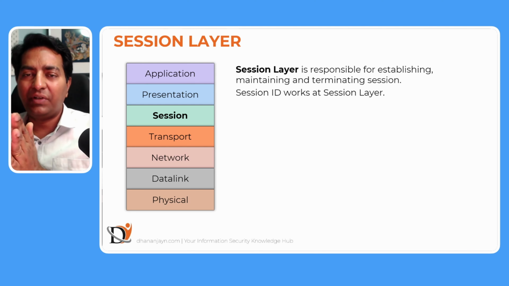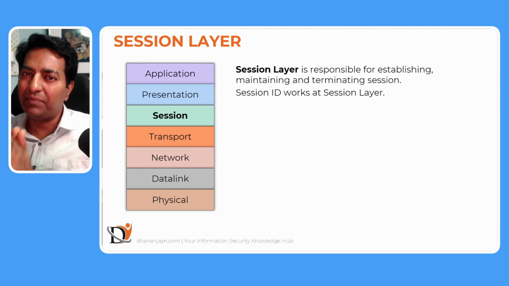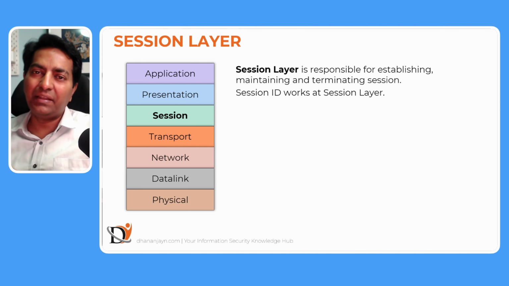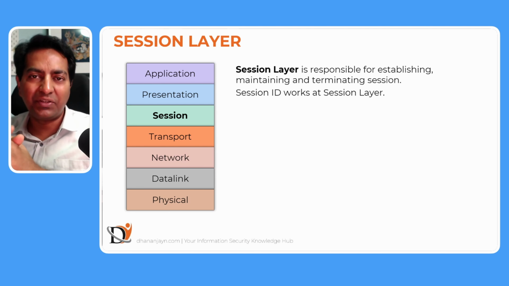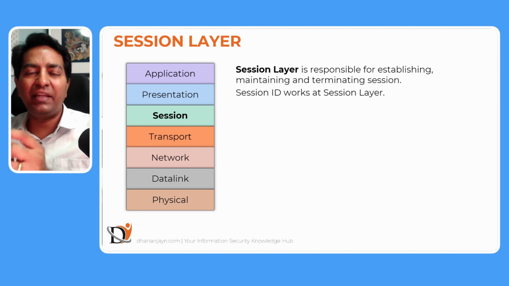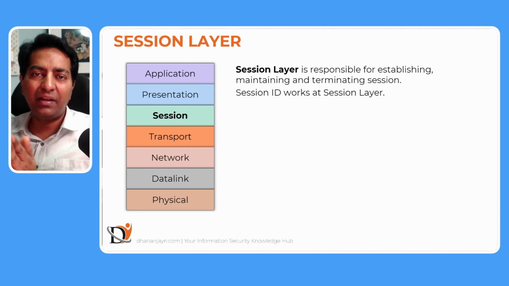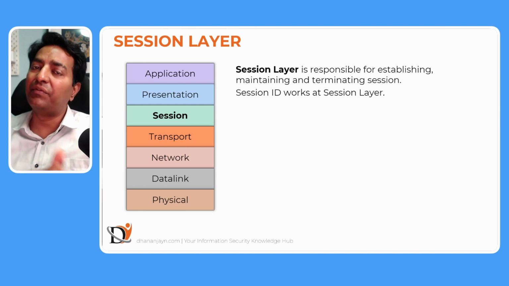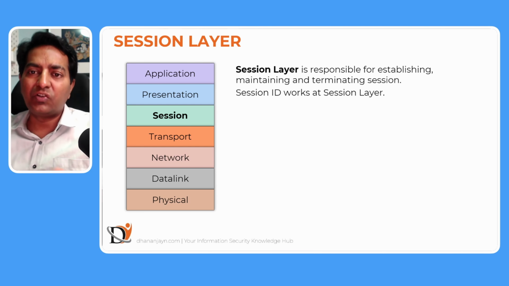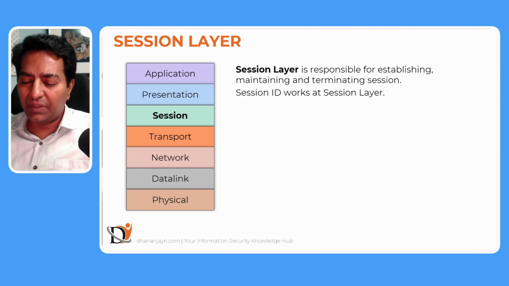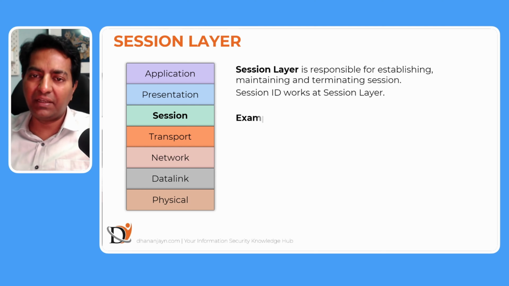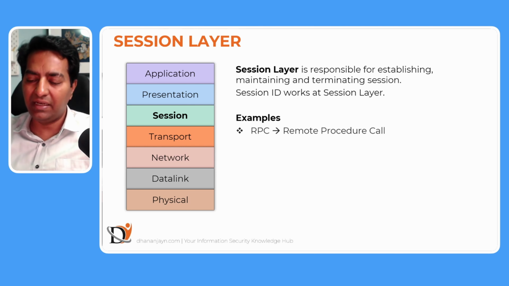Data sent from a particular computer reaches the desired destination, and this happens due to the session layer. A session ID is maintained between the client and the server, or two different clients or two different servers. So as you now understand, there is a session ID that works at this layer.